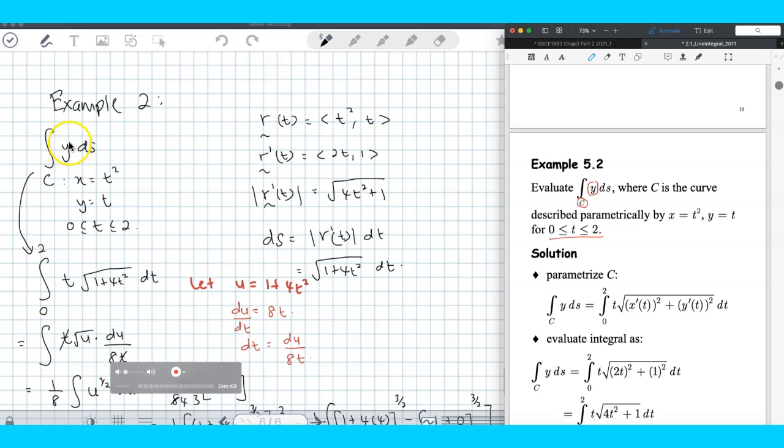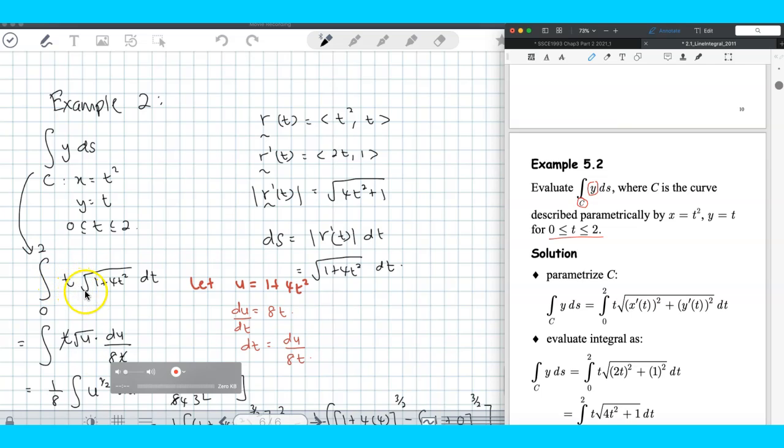So now we have the y. y in terms of t is y equal to t, right? So we just replace y with t, and ds is the square root of 1 plus 4t squared dt. Okay, so now the line integral reduced to a common definite integral, right?